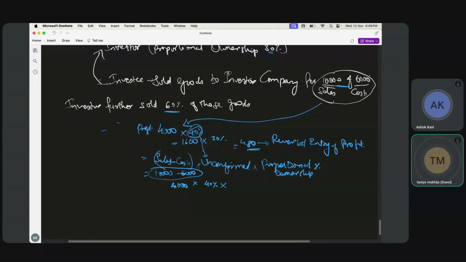In that 40% profit, my ownership is 30%. See, this is an internal thing. Suppose they both are completely unknown to each other and he is selling. Will the investee be bothered whether the investor has further sold or not? No. But here, they have to be bothered till 30%. So that's why that 30% of this entire amount they have to reverse.